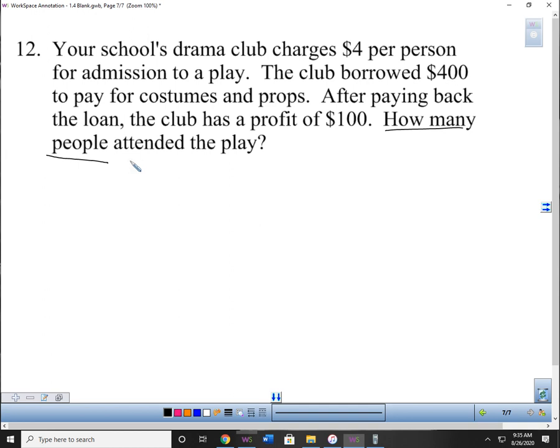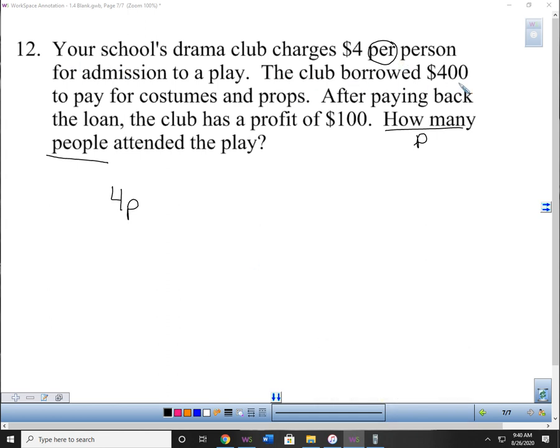So let's give that a letter. Let's say that's P. So we're going to write this equation as we go. It says your school's drama club charges $4 per person. So that would be $4 times P, $4 for every person. All right.